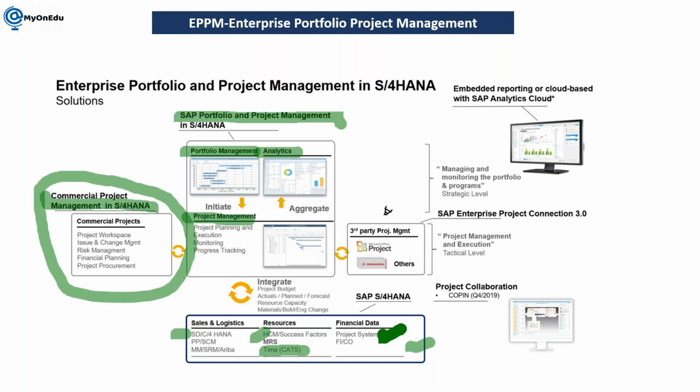Apart from that, there is EPC, Enterprise Project Connection, 3.0. This is the version we have as of now. This module helps us integrate Primavera or MSP, Microsoft Project, with SAP. Here in EPC, we have functionality to integrate project system PS orders, which is the network, and PM orders, which is the plant maintenance order, with MSP or Primavera.